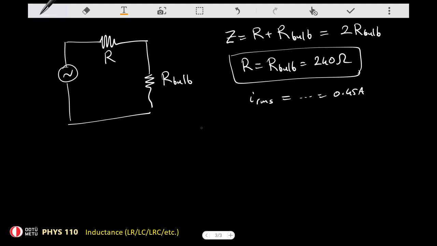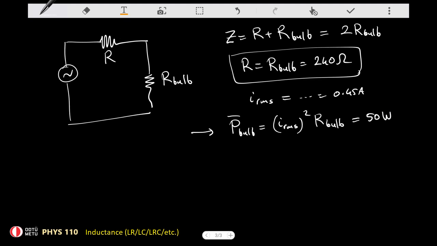In that case, the light bulb uses an average power, which is current squared multiplied by the resistance, and this is going to be 50 watts, as you well know.